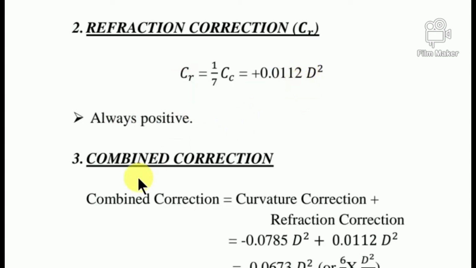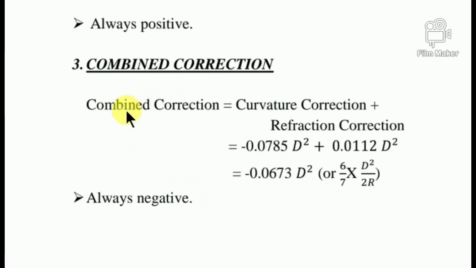Then the third type of correction is the combined correction. This is the sum of curvature correction plus refraction correction. Curvature correction is minus 0.0785 D square plus refraction correction 0.0112 D square. So this is equal to minus 0.0673 D square. The important point here is that the combined correction is also always negative.